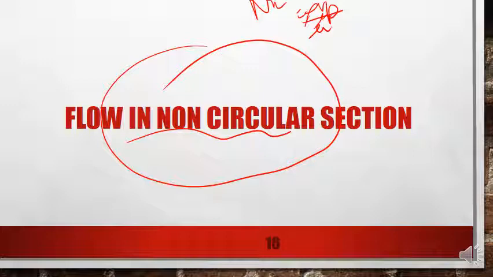So what if the flow is inside a path which is not circular, for example in the shape of a rectangle or whatsoever? How can you determine the Reynolds number for that flow?